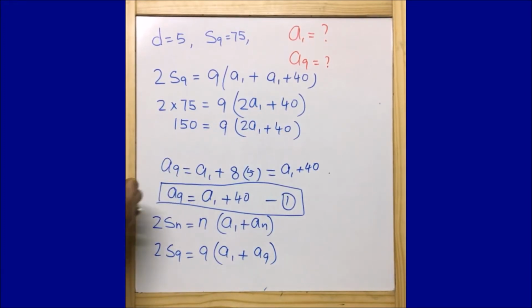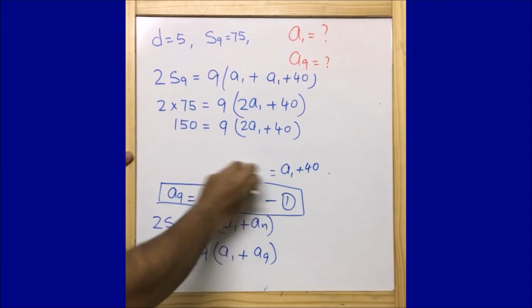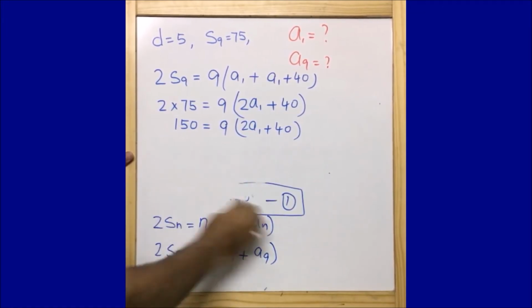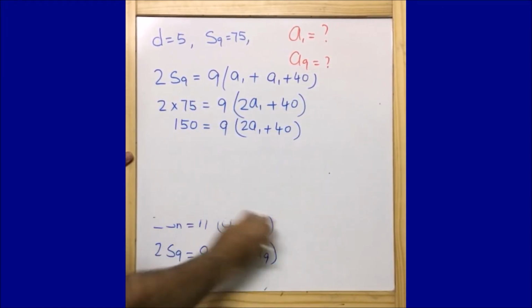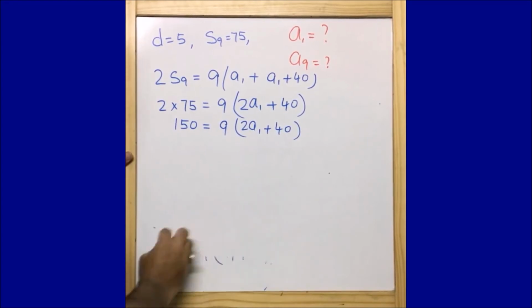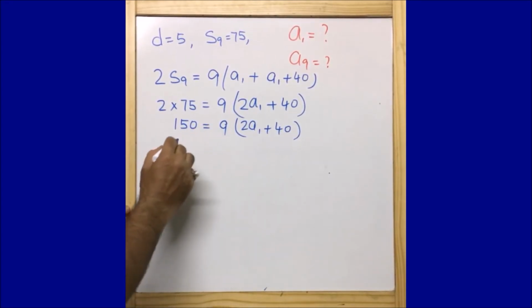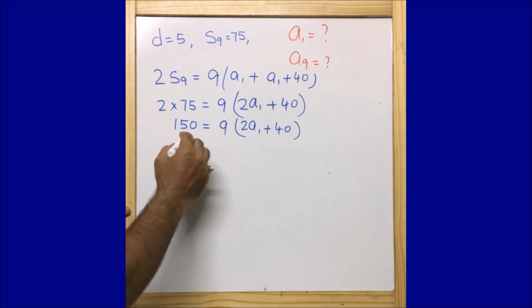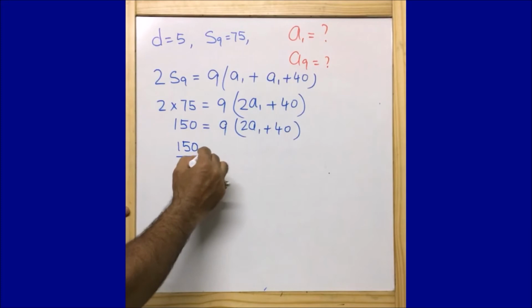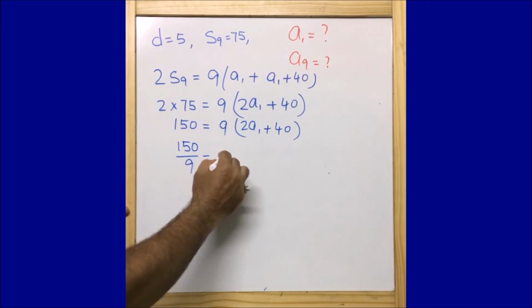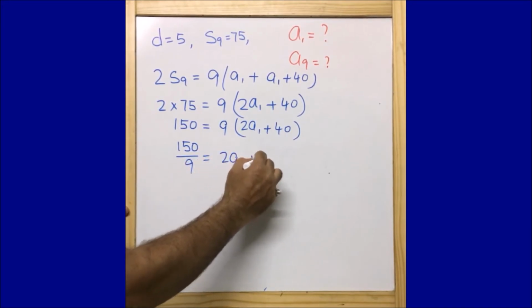Just solving this equation, I can write 2a1 is equal to, so here it is 150, and 150 upon 9, I will get this 9 here, and I can write 2a1 plus 40.